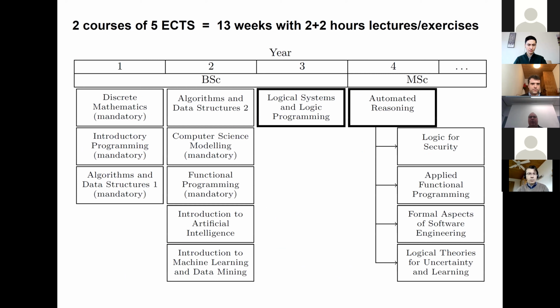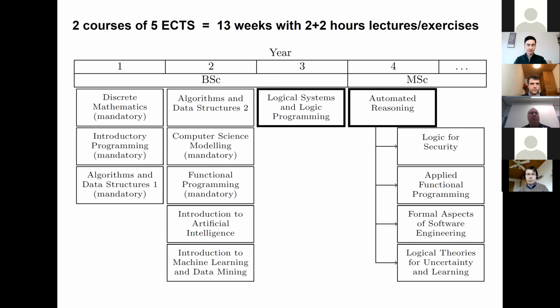So just to position the courses, in the paper we have quite a lot about the learning objectives and prerequisites and so on, but just to say a few things. The two courses are formally quite separate and should be possible to take independently, but I see clearly a connection, and I'm solely responsible for the two courses.